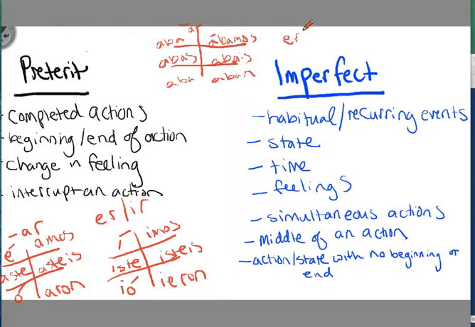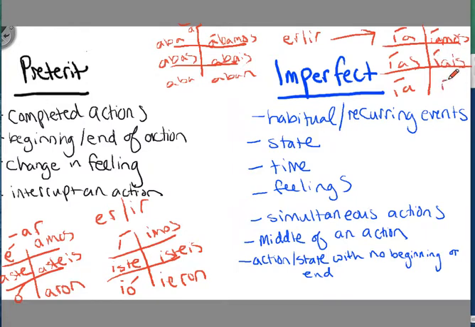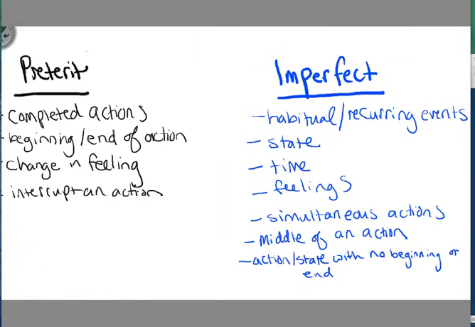And for ER/IR: ía, ías, ía, íamos, íais, ían. All right. So this is what we're working with. These are the endings we're working with for preterite and imperfect. So let's start putting this into action.